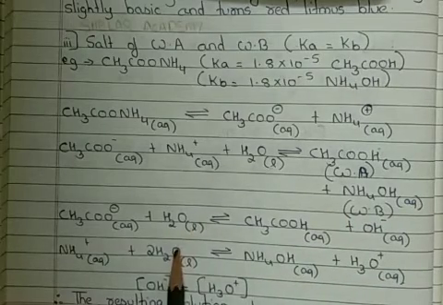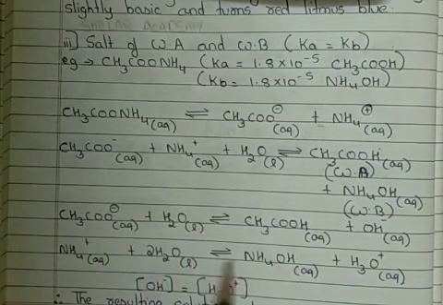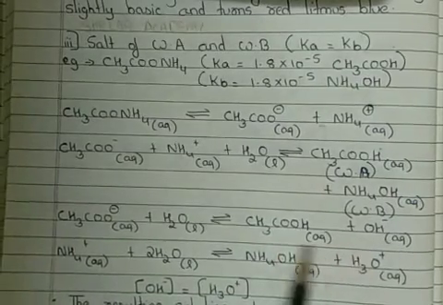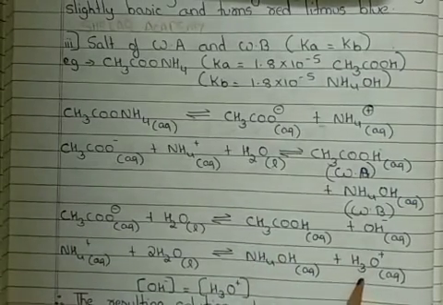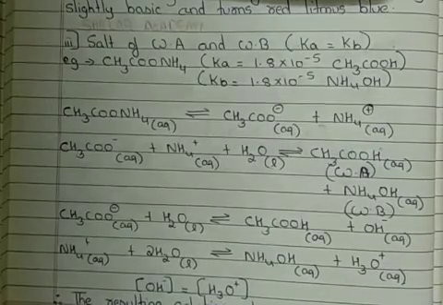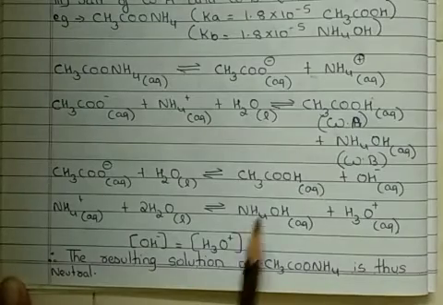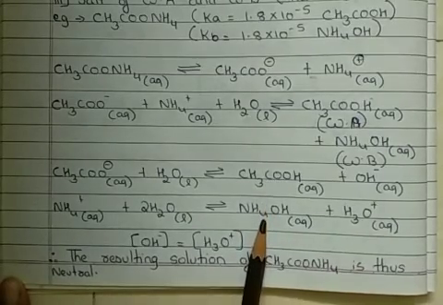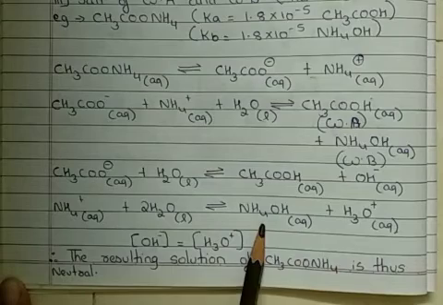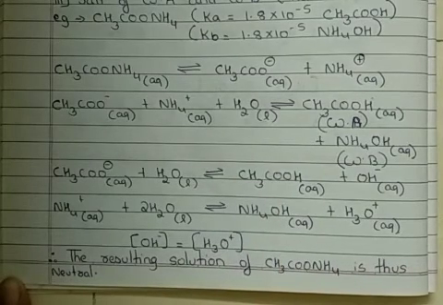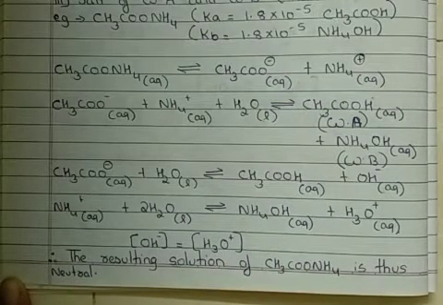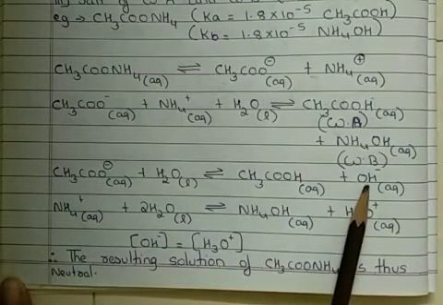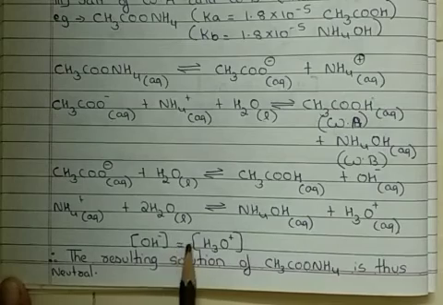If I show both of their reactions separately, you could see that it results into formation of acetic acid plus hydroxide ion and ammonium hydroxide plus hydronium ion. Now in this, as acetic acid and ammonium hydroxide are weak acid, weak base having same Ka and Kb value, they will dissociate to the same extent. As they dissociate to the same extent, when I compare the concentration of hydronium ion and hydroxide ion, it's found to be same.